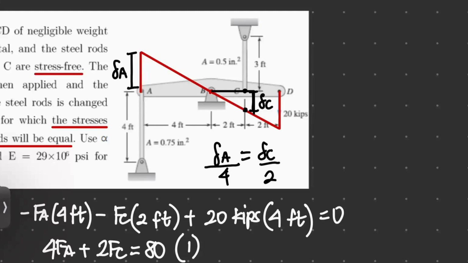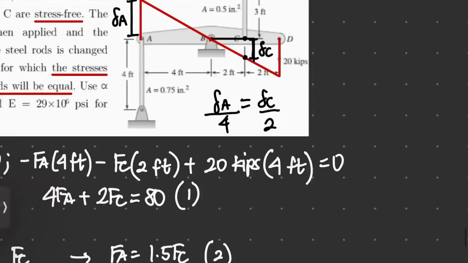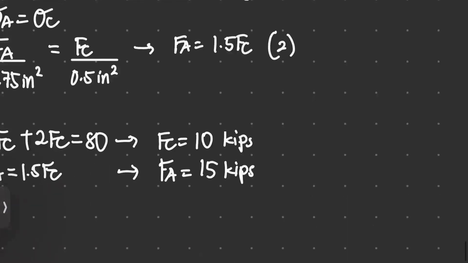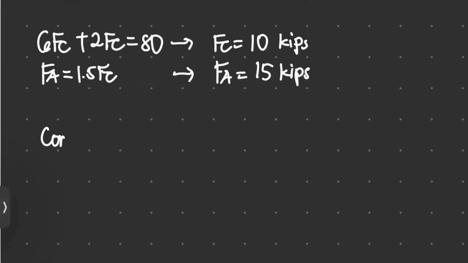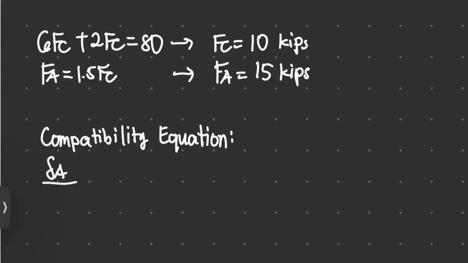So let's copy this below as we develop our compatibility equation. Deformation at A over 4 is equal to deformation at C over 2. This would mean that deformation at A is equal to 2 times the deformation at C. It means that it doubles.